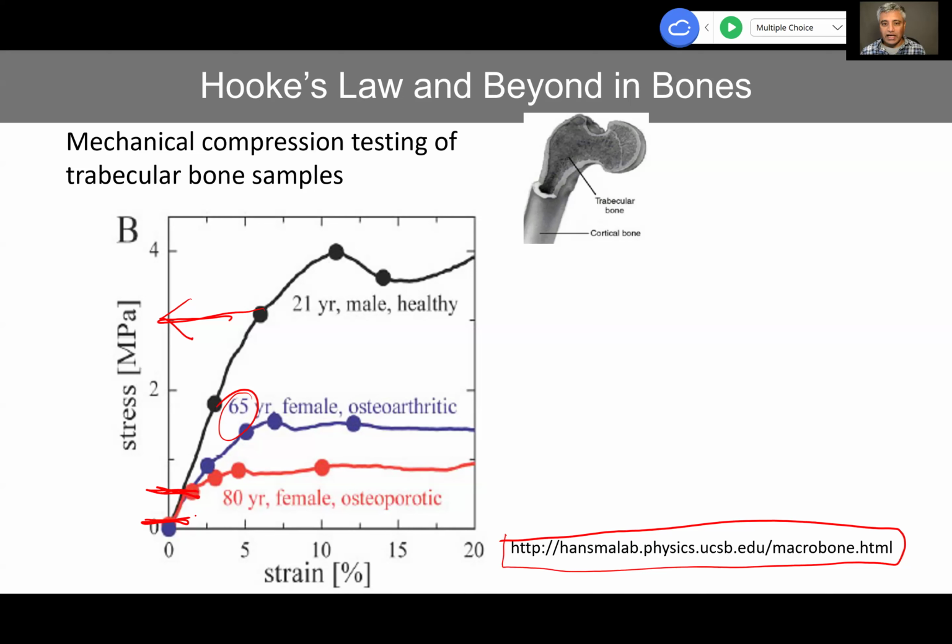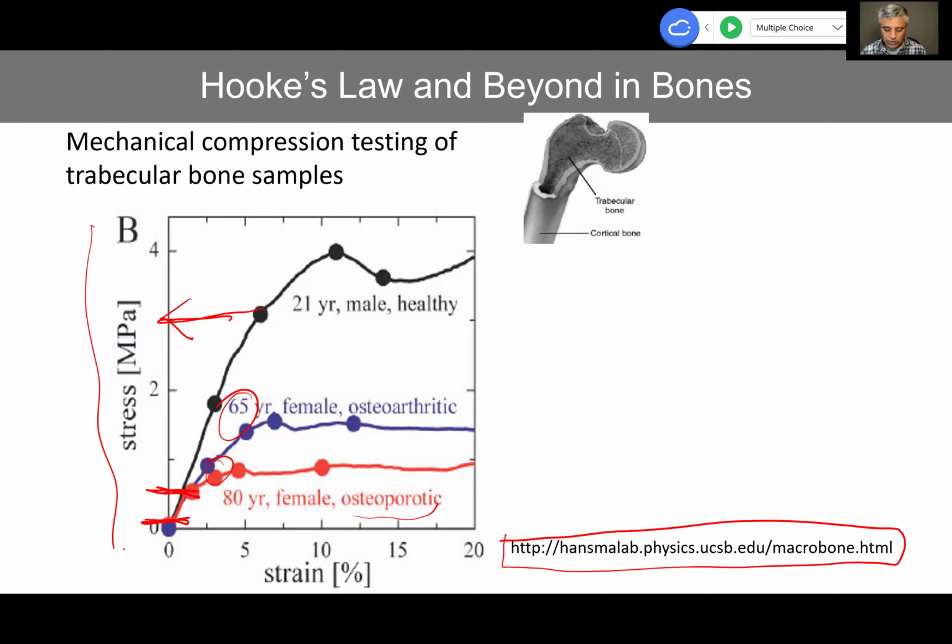So once you have this kind of condition, for example, osteoporosis, your bone may break even when you just fall, not just jumping from the bed to the floor, not just jumping off some tall table, but simple stress may also cause this breaking point. That's what this study is showing.